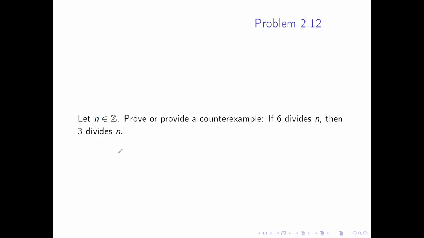Well, like all these, we start off with something like, suppose 6 divides n. So then by definition, and this is how I write by definition, 6k equals n for some k.